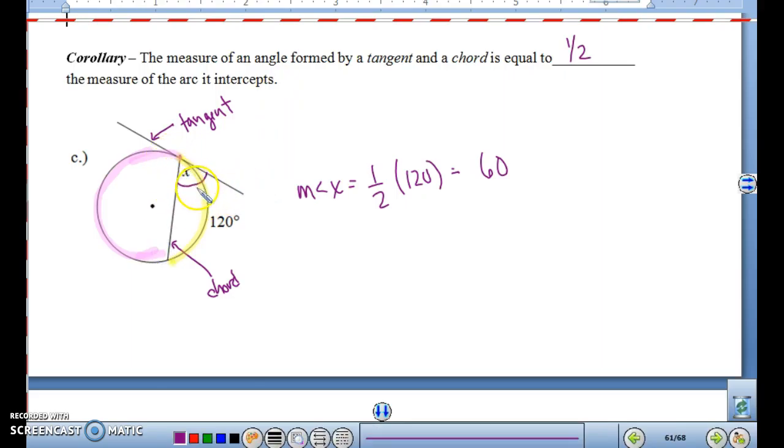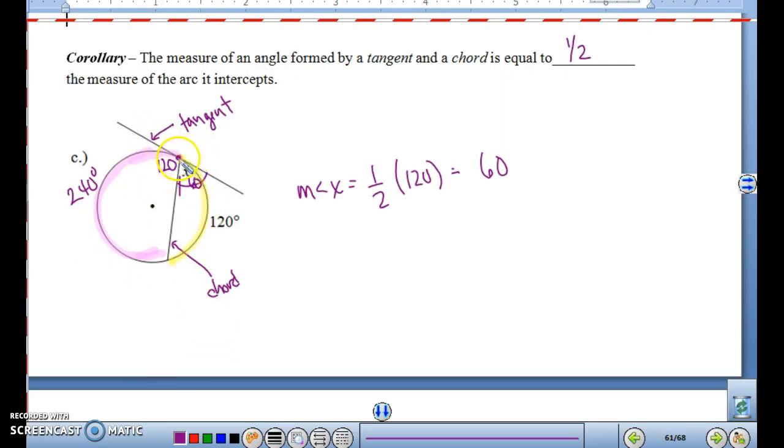Well, if this is 60 degrees right here, what would be this one over here? Well, these make a line, so this would be 120. So, using that theorem, what should be the measure of the arc? Well, if this is an inscribed angle, technically, because this is a tangent and a chord, this means the arc will be twice that. So it'll be 240 degrees. Okay, so 240 plus 120 is 360 degrees. We've gone all the way around.